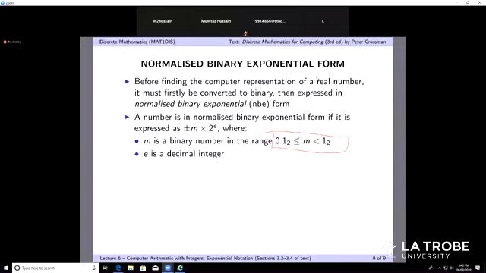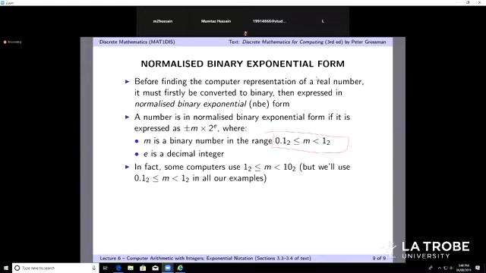E is a decimal integer, whatever the power is, and 2 is the base, of course. Some computers use a significand between 1 and 10. It does not matter much, but we will stick with the notation between 0.1 and 1 here.